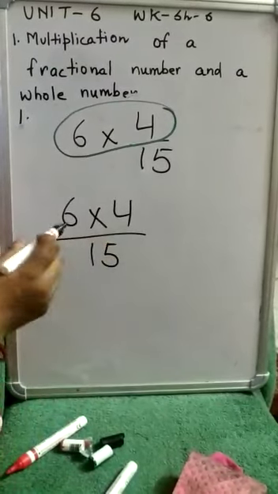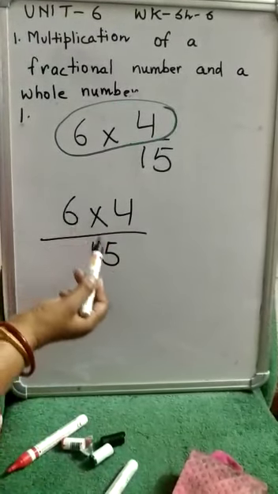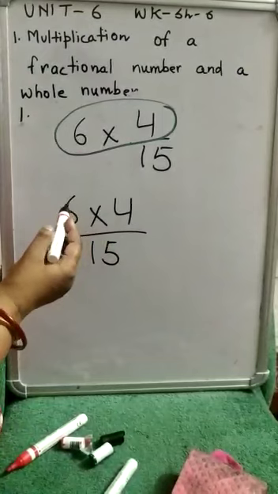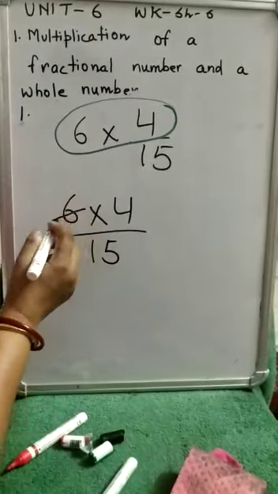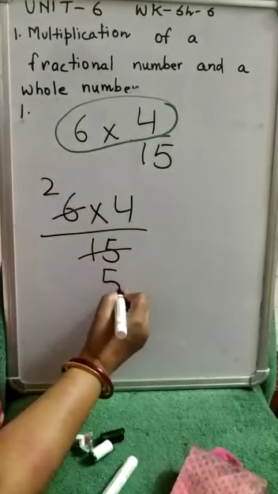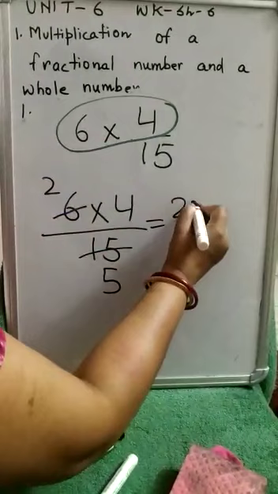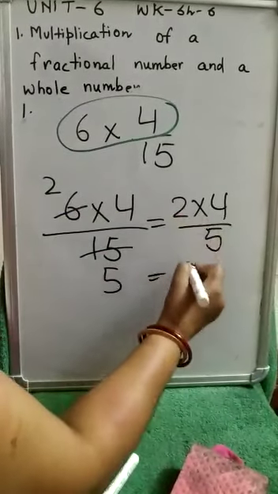Here all of you see that 6 and 15 will be divided by their common factor. So their common factor is 3. So 6 divided by 3 will give 2 and 15 divided by 3 will give 5. Now it is 2 times 4 by 5, which equals 4 2s are 8 by 5, right.